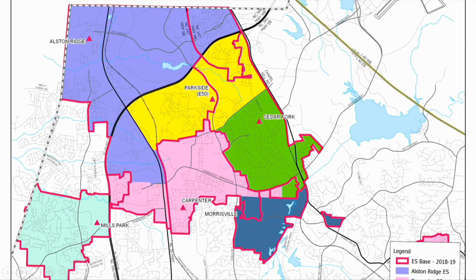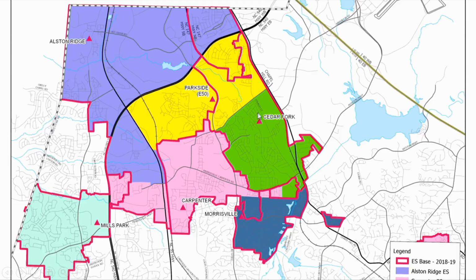Now, I want you to think back 2 years ago when we opened Hortons Creek, which is right here. These moves correspond with the moves that we had talked about 2 years ago when we were planning for Hortons Creek coming on. At that time, Cameron Pond, which is assigned to Mills Park today, was proposed to be assigned to Carpenter Elementary, because when we drew the line here in Cary Park, we were considering what was going to happen 2 years from now when we opened Parkside Elementary.